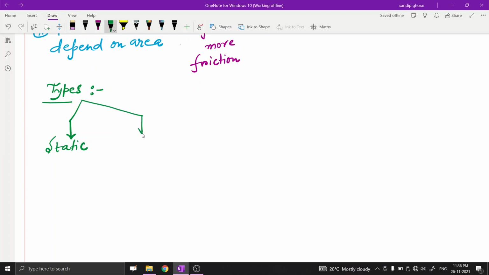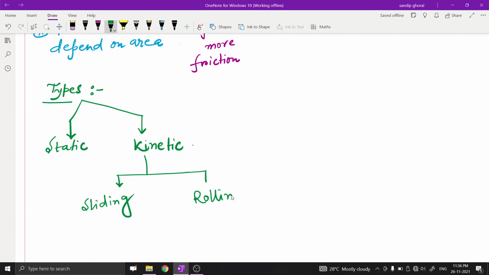The second one is kinetic: if a force is applied to a body and the body moves, a friction also acts, and that friction is called kinetic friction. Kinetic friction is divided into two parts: one is sliding and the second one is rolling.